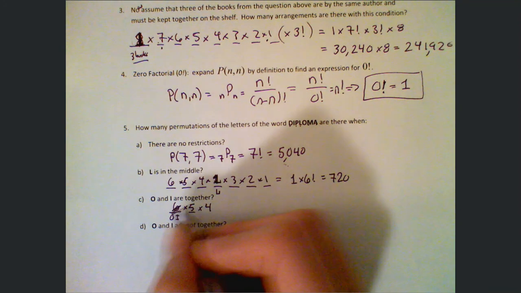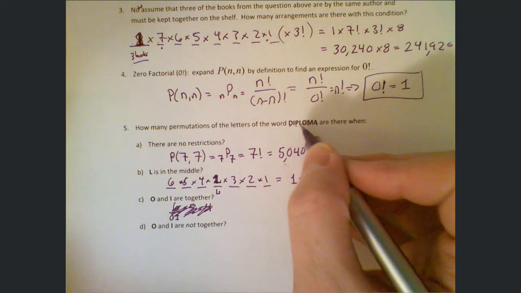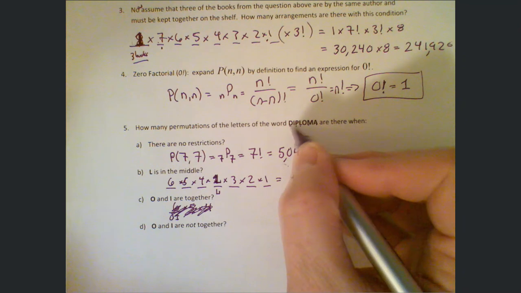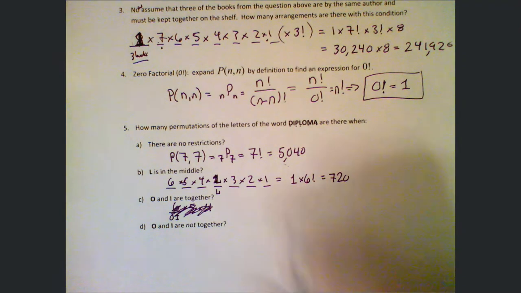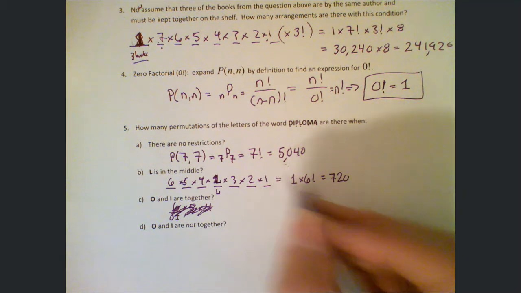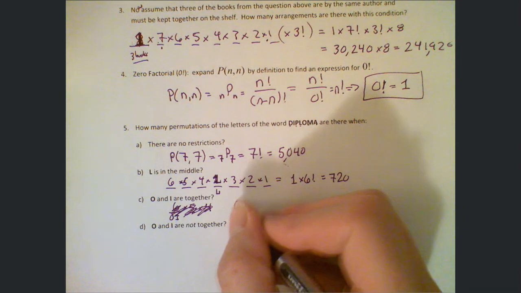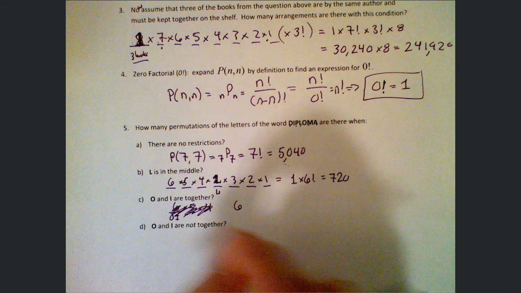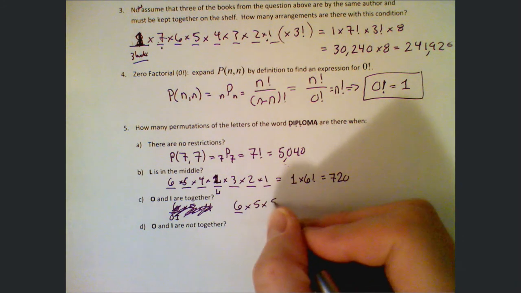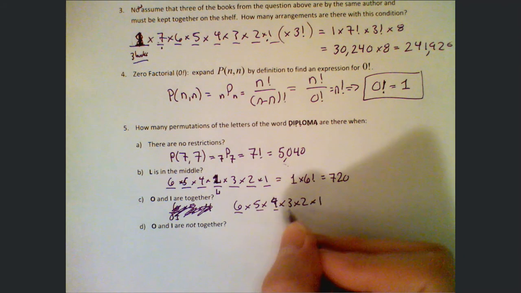Wait, is that correct? Hang on a second. Yeah, think this through. So O and I together, there's 1, 2, 3, 4, 5, 6, 7 letters, and 5 others. That's right, I had to go back up to here for the 7. So there's 6 options. You have the O and the I together, or any of those other 5 things. So it would be 6 times 5 times 4 times 3 times 2 times 1, like so.